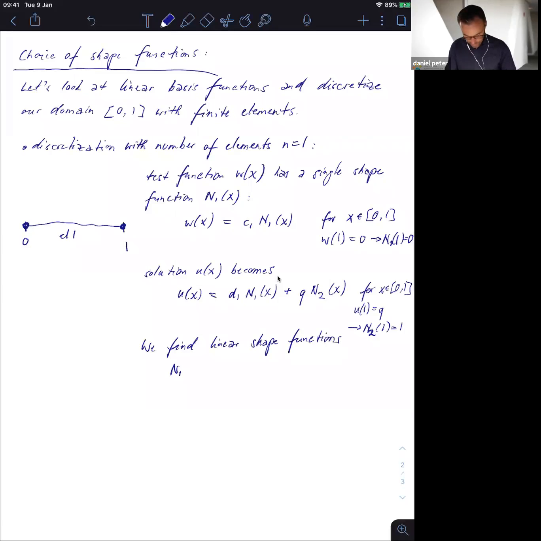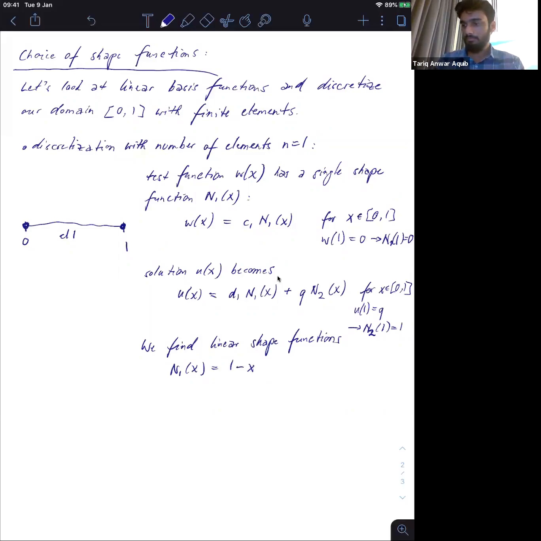N1 of x, what could that be? 1 minus x. Right, and N2 of x, what could that be? x. Right. So both are linear, and one is 0 at point 1, the other is 1 at point 1.